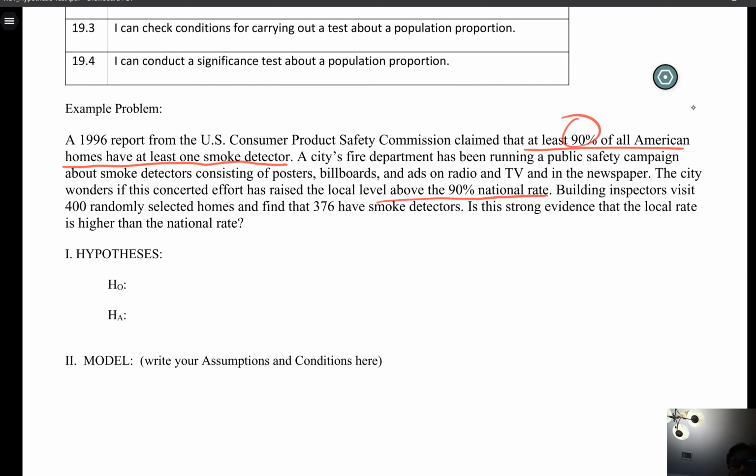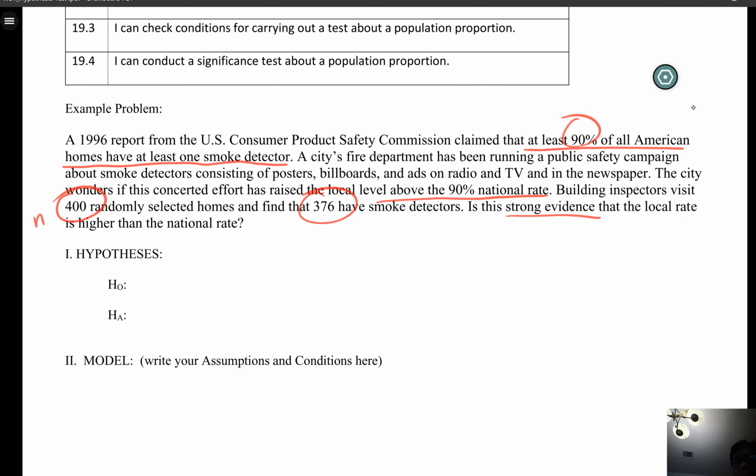For the study, 400 homes were randomly selected. So this is our sample size here, and out of that 400, 376 have smoke detectors. Is this a strong evidence that the local rate is higher than the national rate?